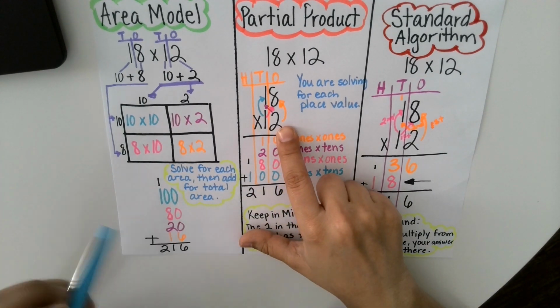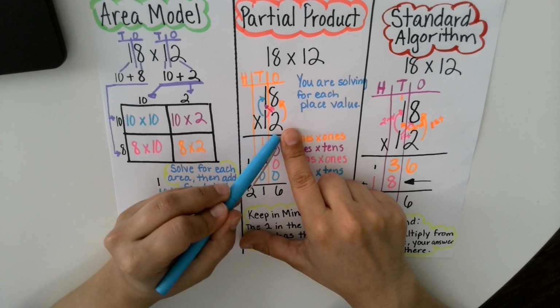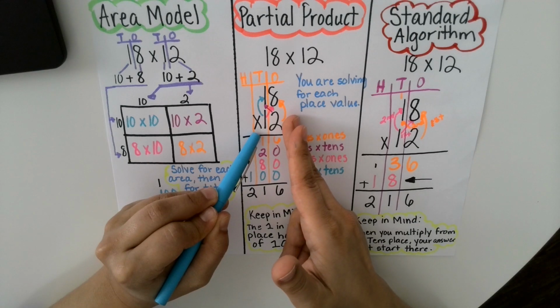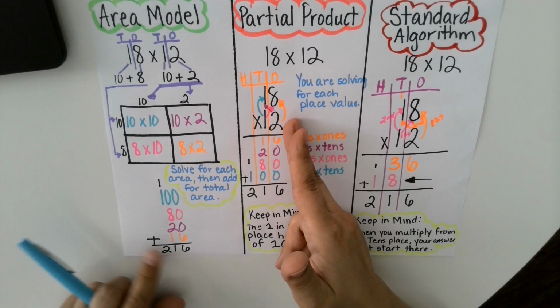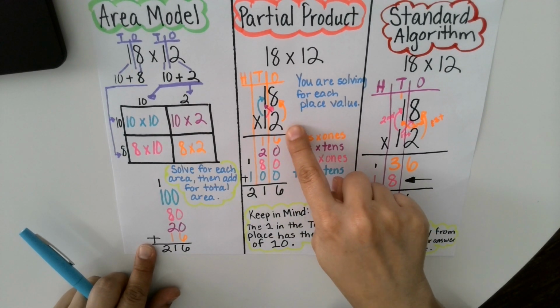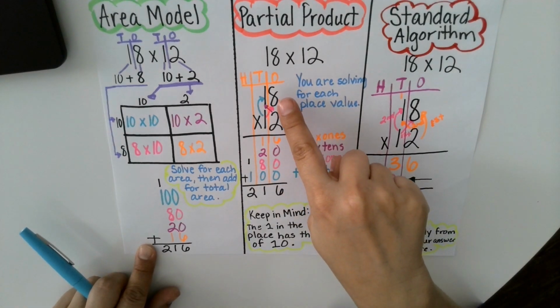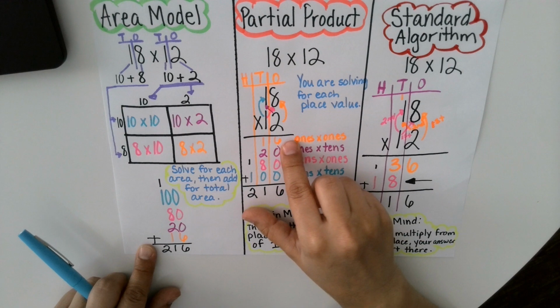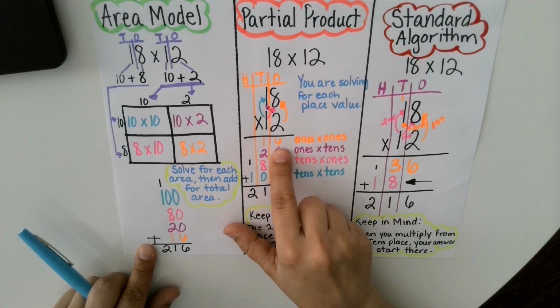We always start with the bottom number when we're doing multiplication, right? Bottom right number, so the ones place. We're multiplying our ones place times our ones place. You can see right here, ones times ones, and 2 times 8 is 16.